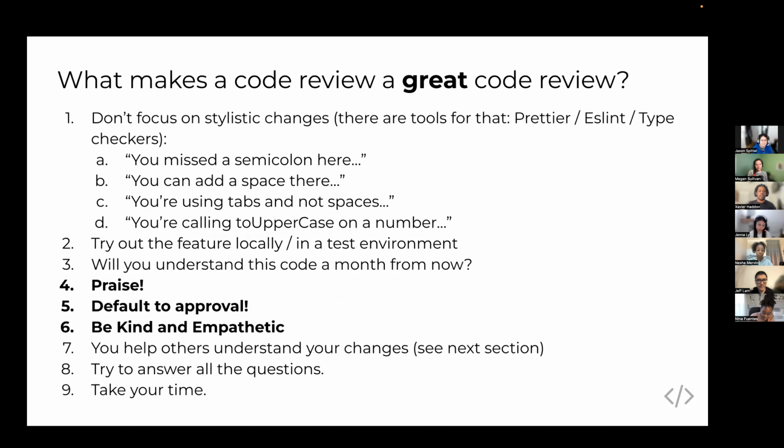So what makes a code review a great code review? The first thing is that you should try not to focus on stylistic changes. That's difficult because if there's a formatting error or something like that, obviously the instinct is to go in and change it, but we have tools for that. At my job, we use Prettier, which basically allows you to instantly format your code on save, or however you want to do it.